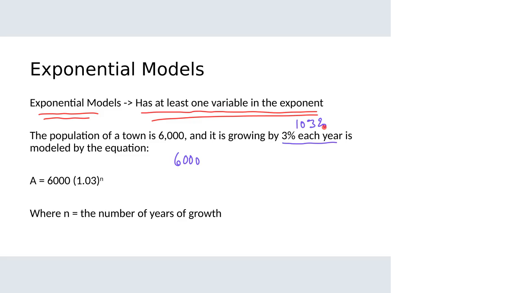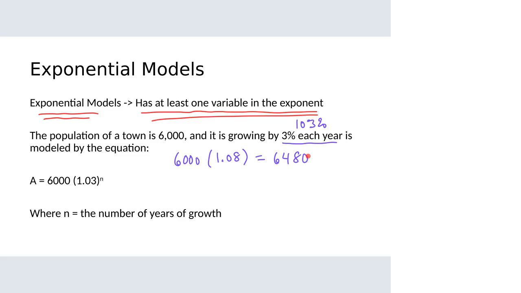So I'm going to need to multiply that by 1.08, and that'll give me my new population. 6,000 times 1.08, my new population would be 6,480. The 6,480 is not that critical. That's just after 1 year.